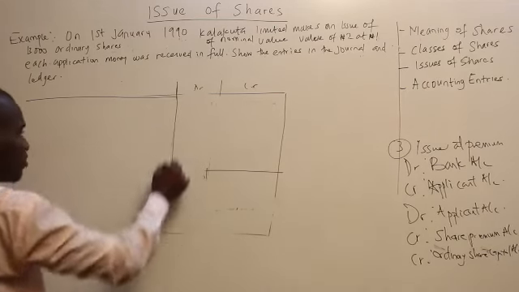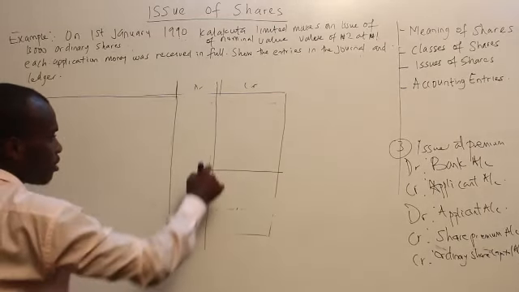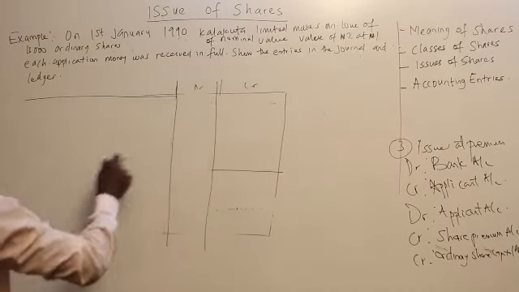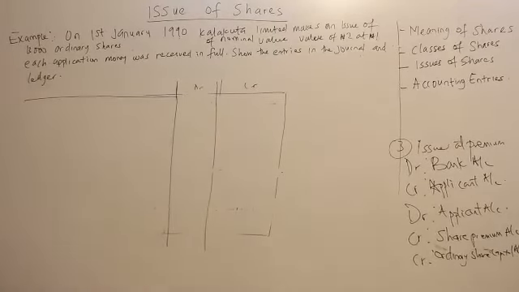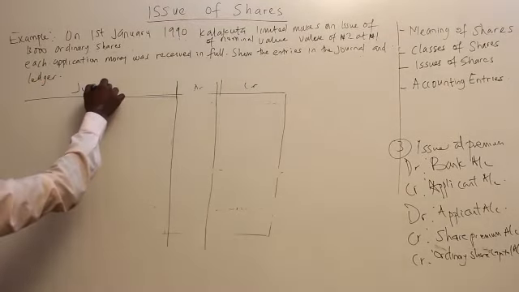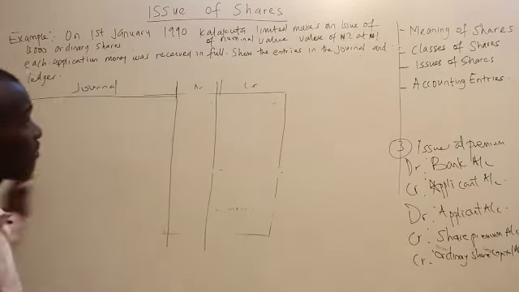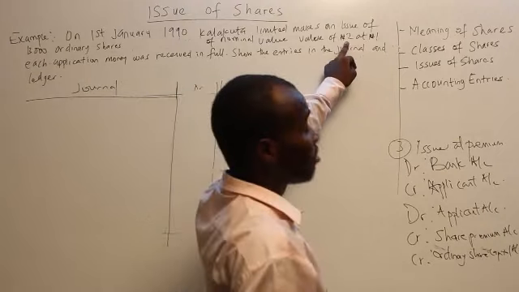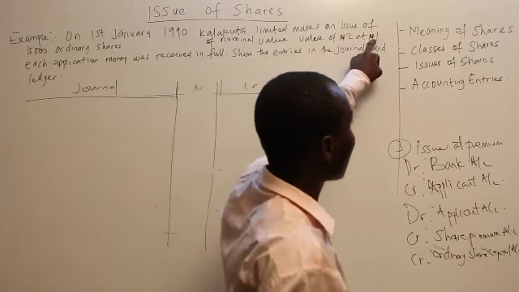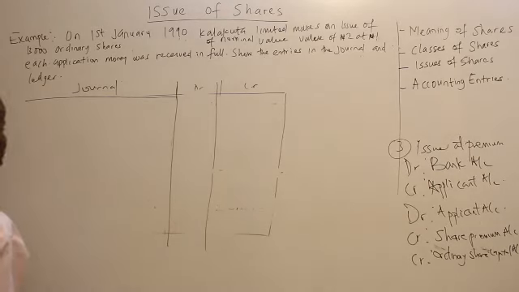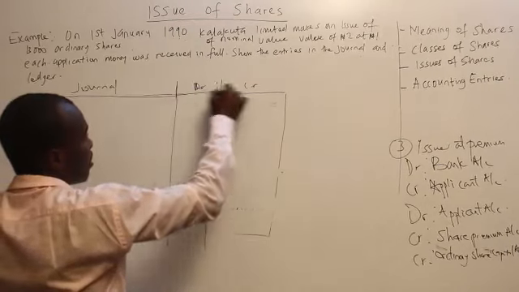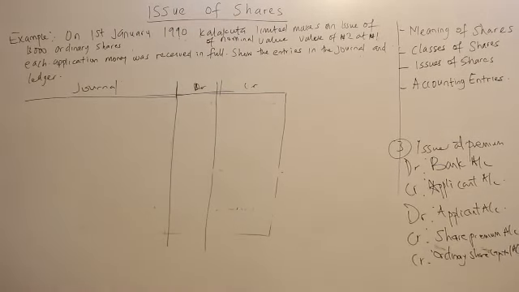So we have when the money was received on application. The nominal value is 2 naira, but it was issued at 1 naira. That is the market price, 1 naira. That is the discount.